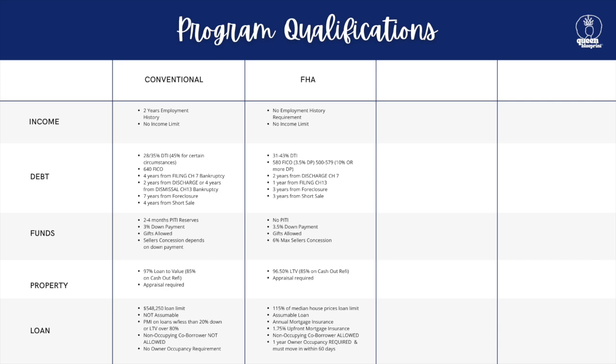I'm going to get into that in a second. 1.75% upfront mortgage insurance is required, okay? So upfront mortgage insurance premium is a one-time payment paid at closing, or the cost can be financed into the loan. It's applied regardless of the term or LTV, okay?